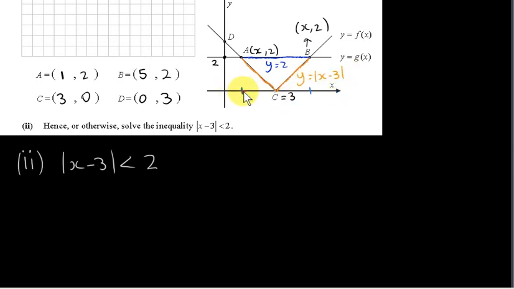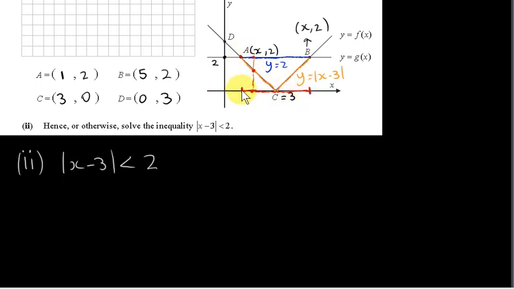We can see that for values of x along here, the magnitude of x minus 3 will be less than 2. For example, if we take this value of x here, we see that the magnitude of x minus 3 is some value that is less than 2. That's true for any value of x in this region between this point and this point here.